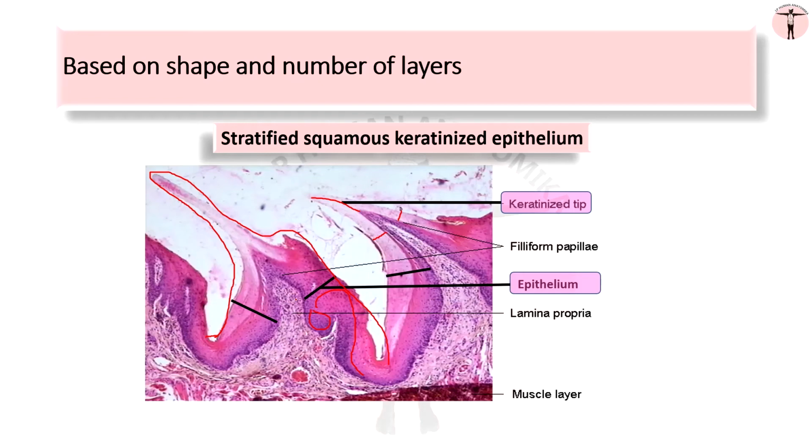So here you can see the other layers of the epithelium in the tongue. Here, we are not discussing the rest of the layers of the tongue. We will see that in the session where we discuss the tongue.